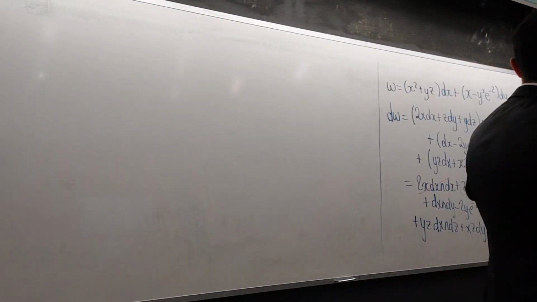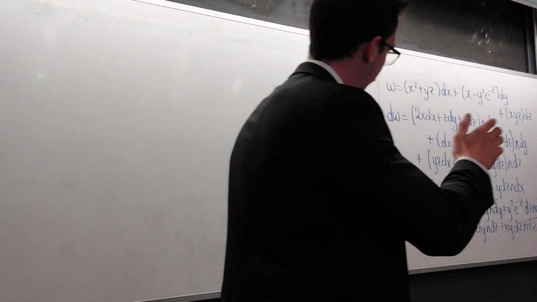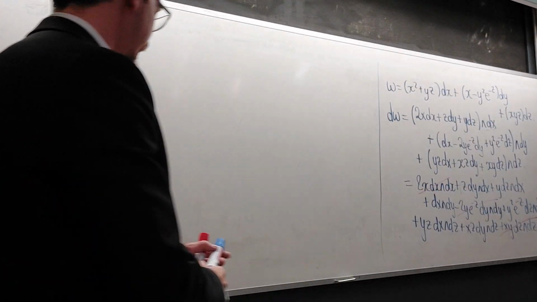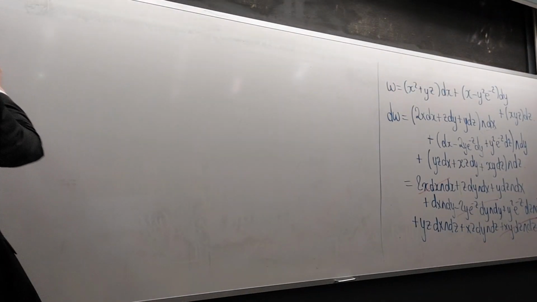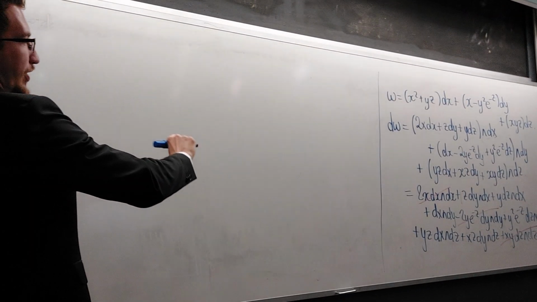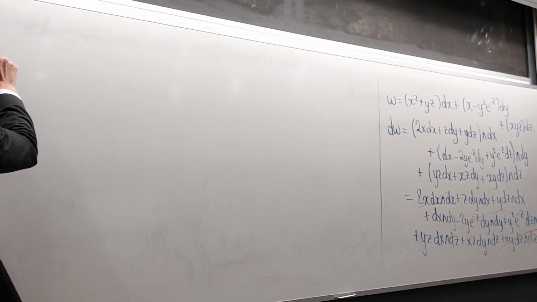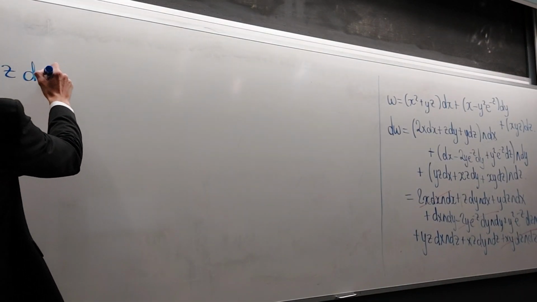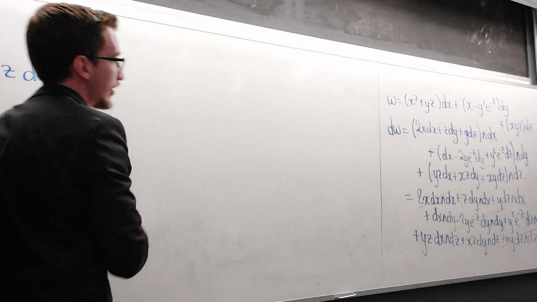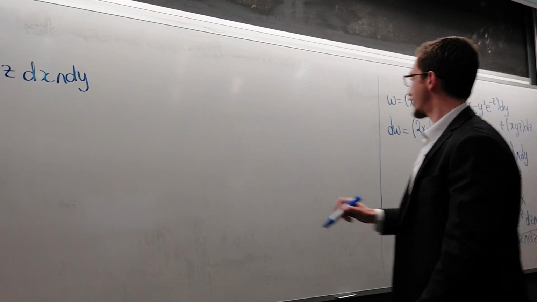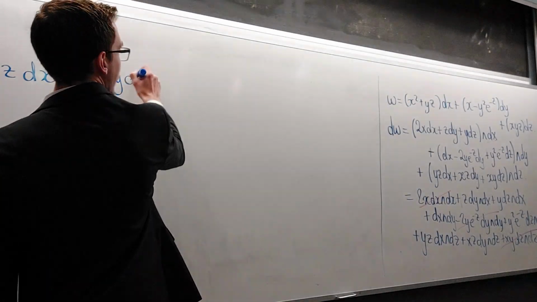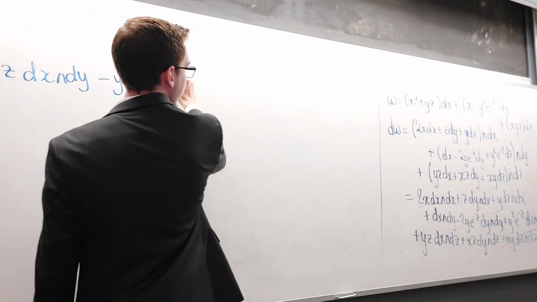So, I always want dx dy, then dy dz, and dx dz. So, I'm going to put minus signs on those terms which don't have the order I want them to have. So, I'll have minus z dx wedge dy. I just flip them. If I flip, I get a minus sign. If I flip here, I get a minus sign. So I'll have minus y dx wedge dz.